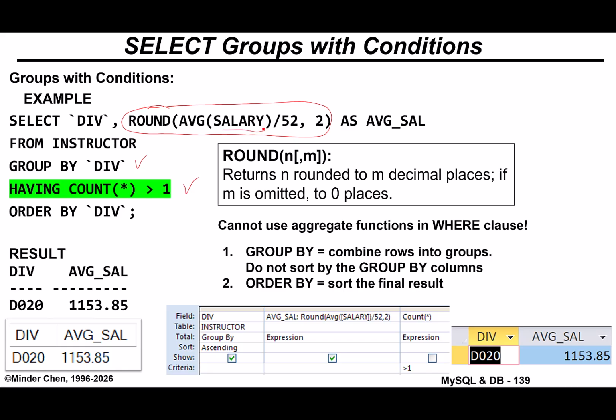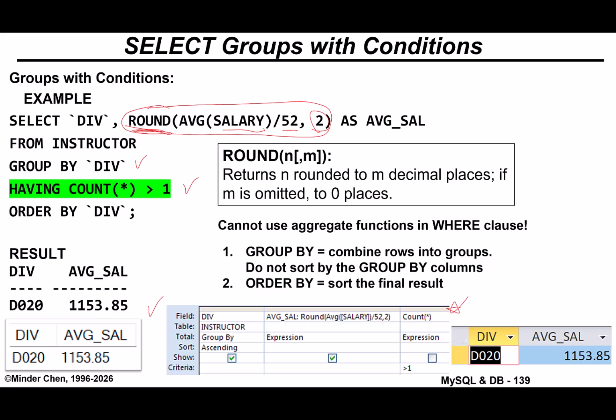This is the annual salary divided by 52, 52 weeks a year. So that technically gives you an average weekly salary. Run a numerical function and apply it to that weekly salary and only take 2 decimal places. Okay. So that's what we're getting at the end.